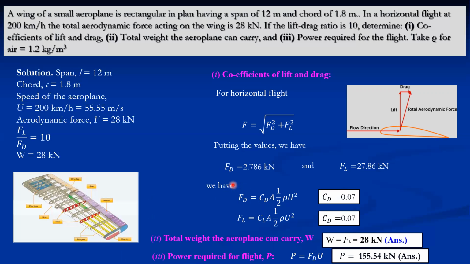We have discussed this expression: there are two components of drag force, friction drag and pressure drag. In an aerofoil section, generally the dominant force is friction drag, not pressure drag. That may be the difference. Otherwise, the methodology remains the same for calculation of the drag forces.